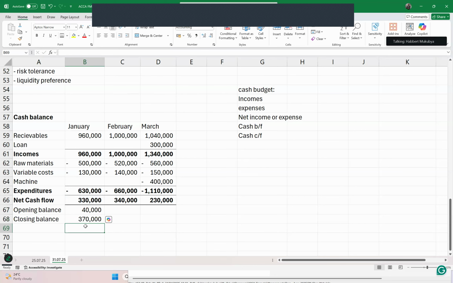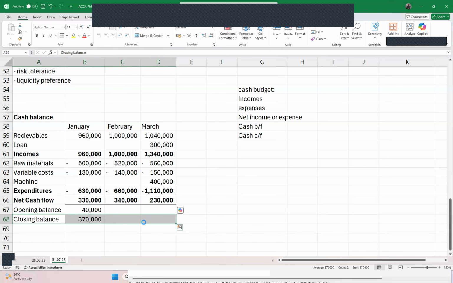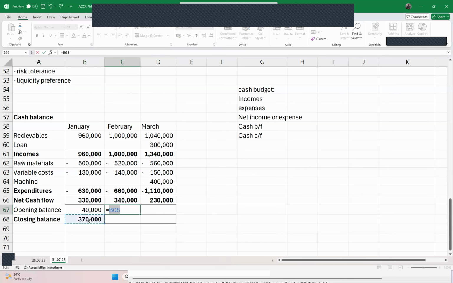So that gives you 370 as the closing balance. But it also becomes the opening balance of the next month. And then you can now transfer these ones.